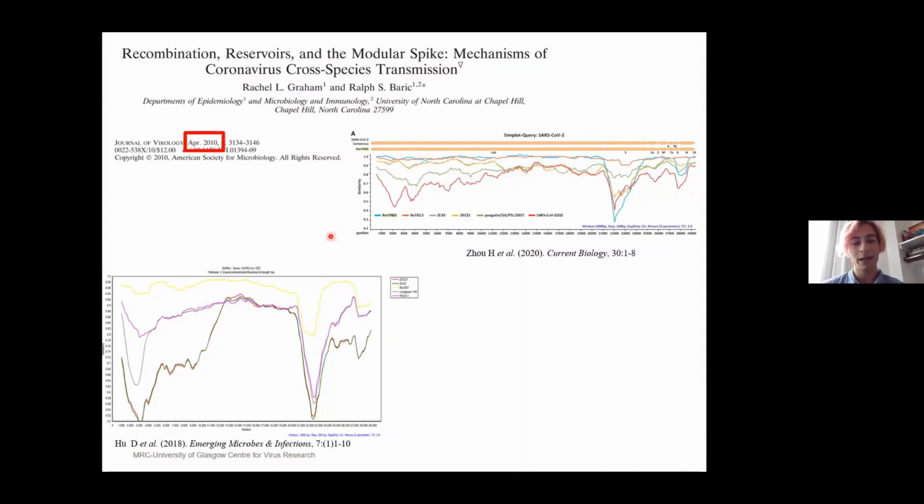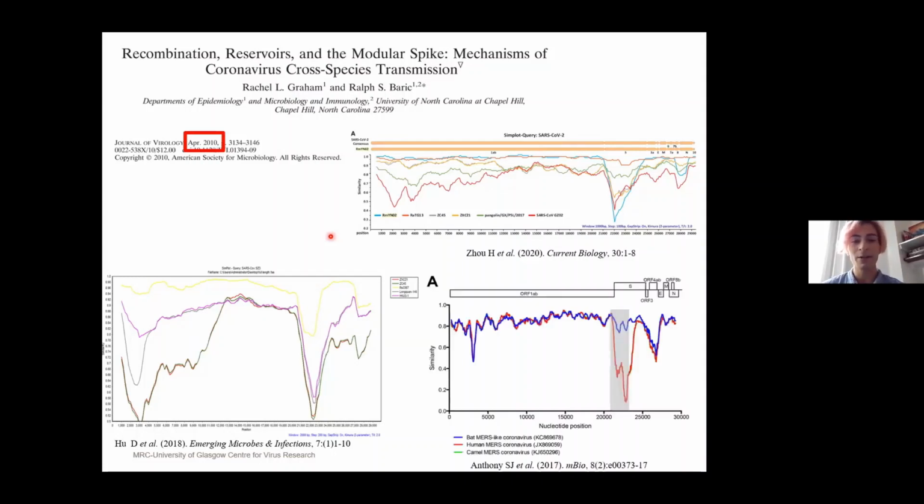And this is not only the case with SARS-related viruses, but has also been seen with MERS-like viruses. For example, this paper describes this new bat MERS-like coronavirus that has this deep sequence similarity near the spike. And it always strikes me how similar these plots are.